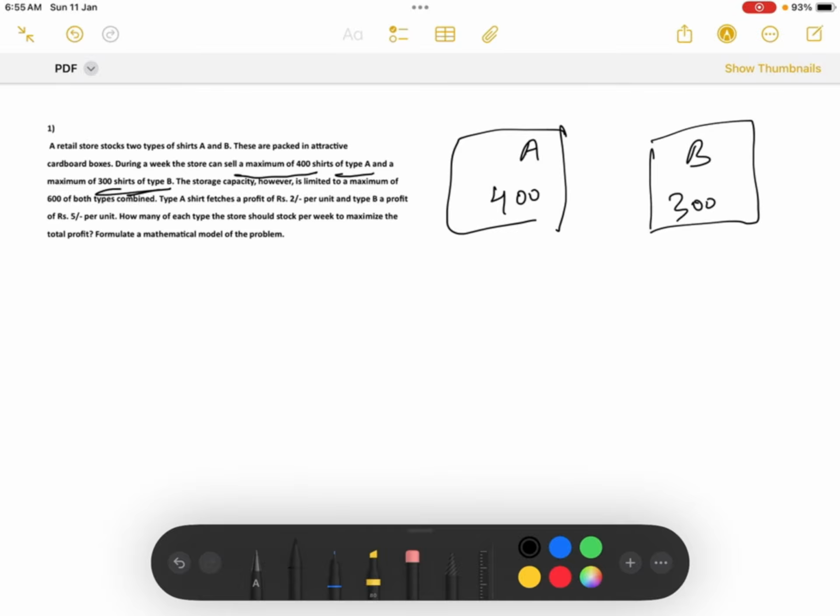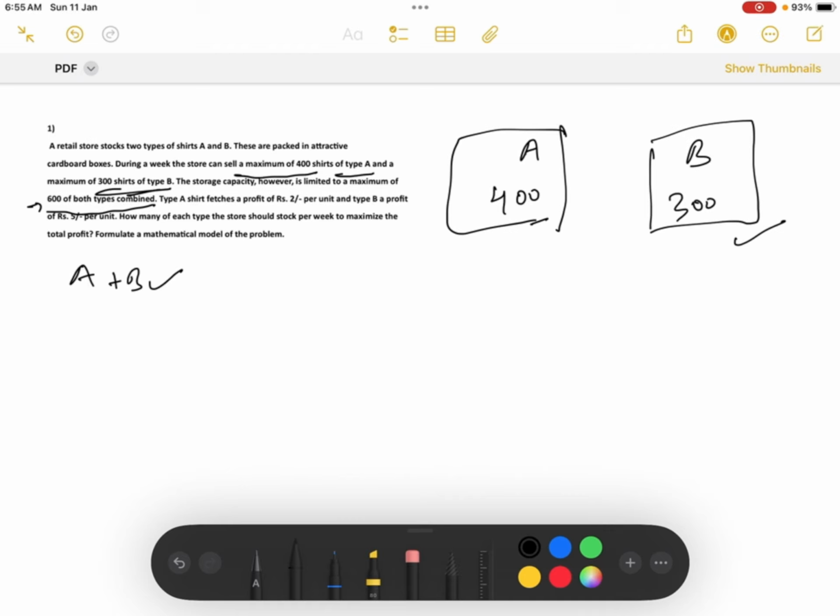Whenever a question is stating something like a max or min, that is a constraint, so we are starting to formulate. After that, let us see: however, it is limited to a maximum of 600 shirts of both combined. It means that A and B together cannot be more than 600. So these are the constraints. We will write them further, but first we have to know what the question is saying.